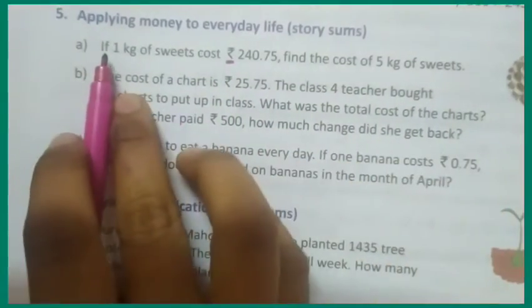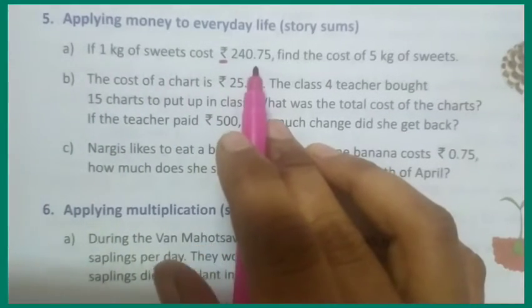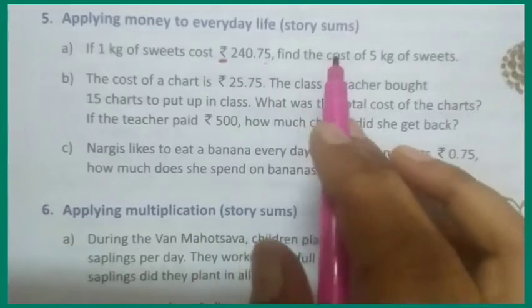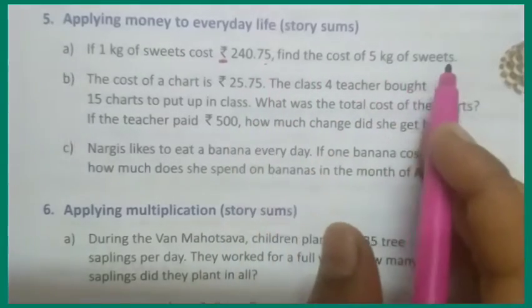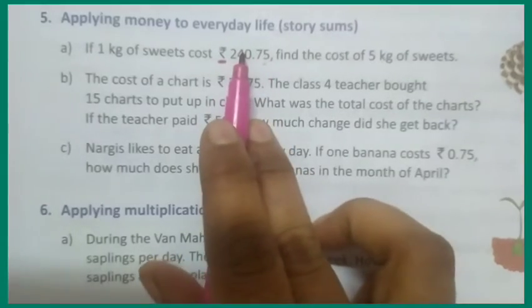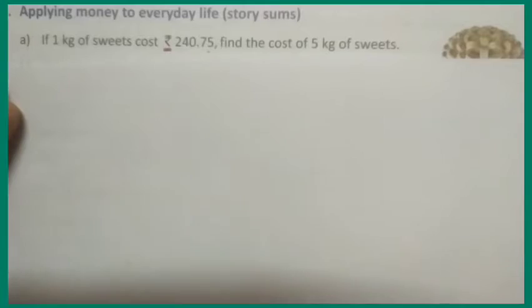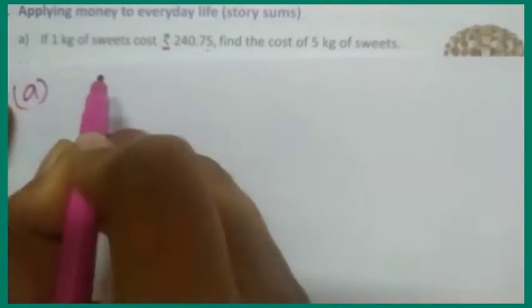Look here children, if 1 kg of sweets costs 240 rupees 75 paise, find the cost of 5 kg of sweets. This is the cost of 1 kg sweets. We have to find the cost of 5 kg sweets. Look here, solution.